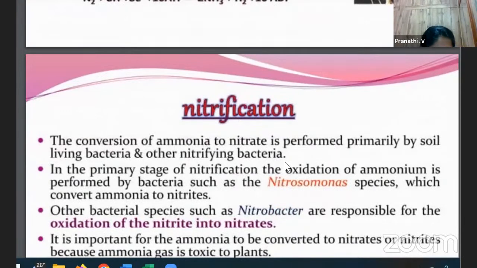So when we talk about the denitrification process, again, what is happening is reduction of the nitrates into nitrogen gas. So this completes the nitrogen cycle, wherein denitrifying bacteria use the nitrates in the soil so that respiration occurs, because of which nitrogen gas is again produced, and this is put back into the atmosphere in the gaseous form.